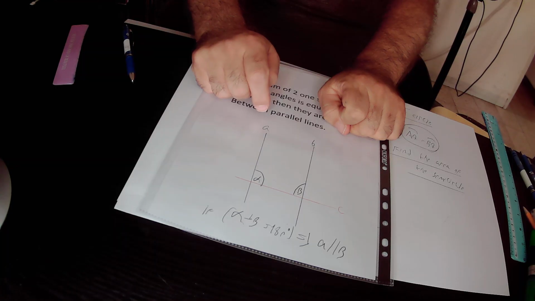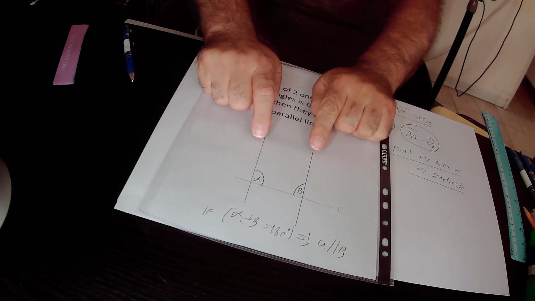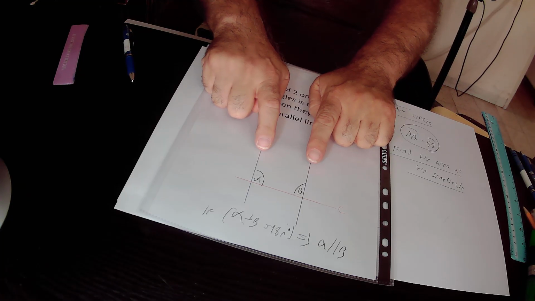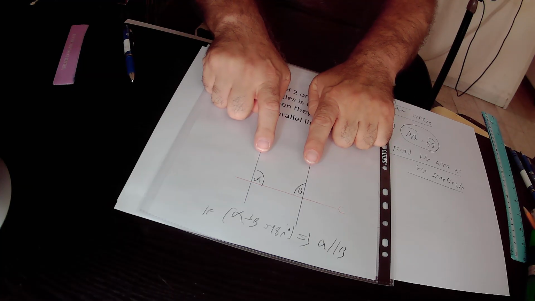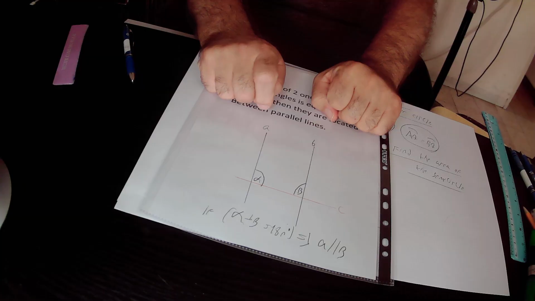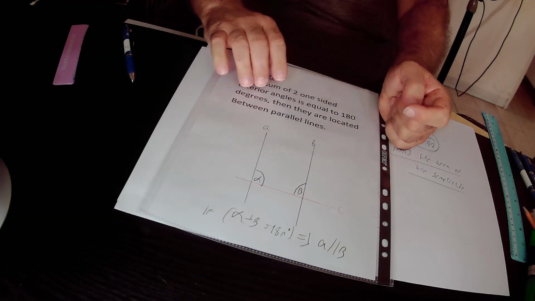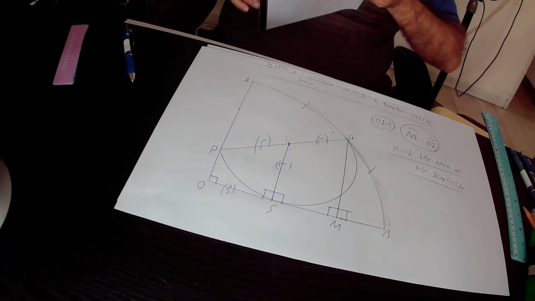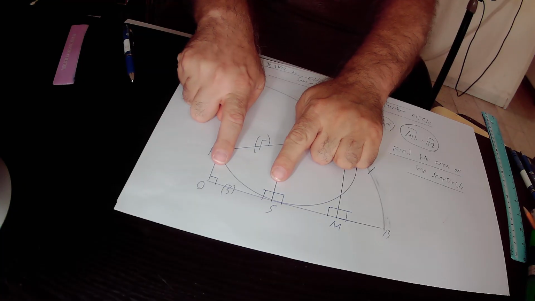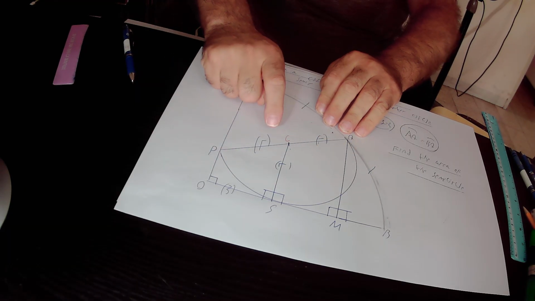They are located between line A and line B. According to rule 22, if alpha plus beta equals 180 degrees, then they are located between parallel lines. That is to say, line A is parallel to line B. So again, those two one-sided interior angles sum to 180 degrees, and therefore they must be located between parallel lines. That is to say, PO is parallel to CS.